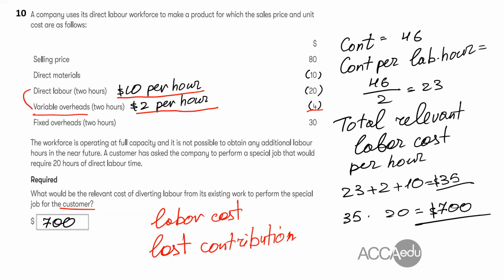So if we are taking direct labor away from the current job, then this should also include variable overheads. The new job requires 20 hours of direct labor time. So $10 per hour for 20 hours is going to be $200. Then variable overheads, $2 per hour for 20 hours is going to be $40.